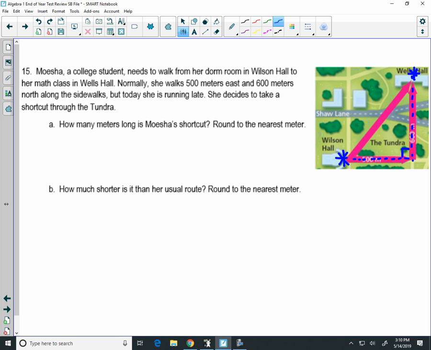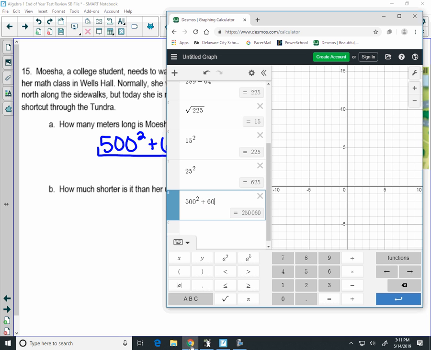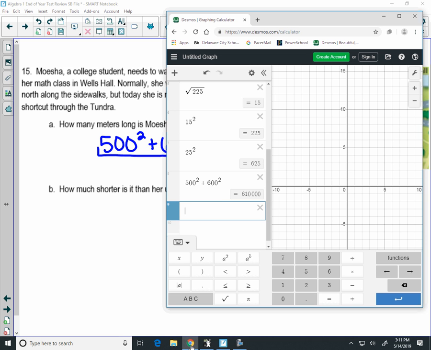Well, here's our right angle, so our shortcut is going to be c. So in my calculator, I'm going to do 500 squared plus 600 squared, and I'm going to take the square root.